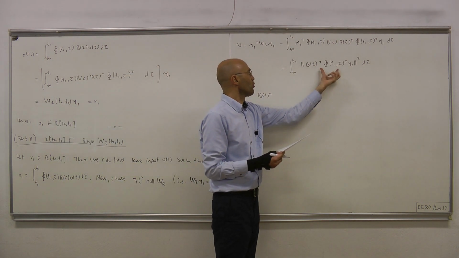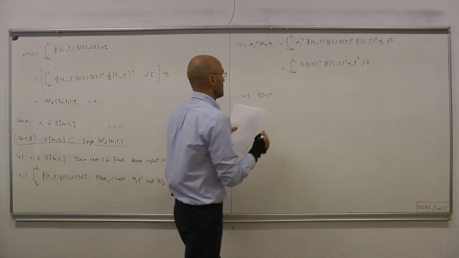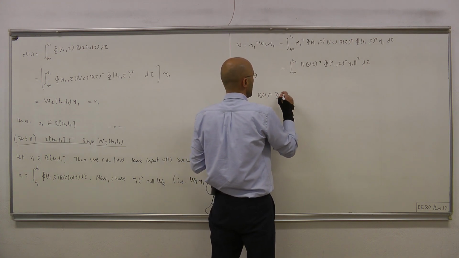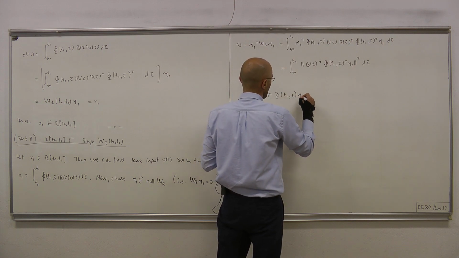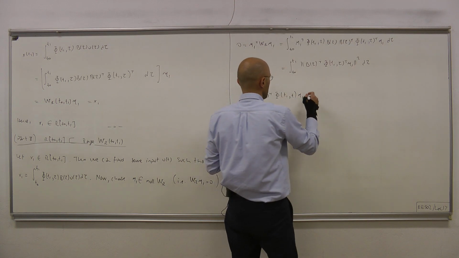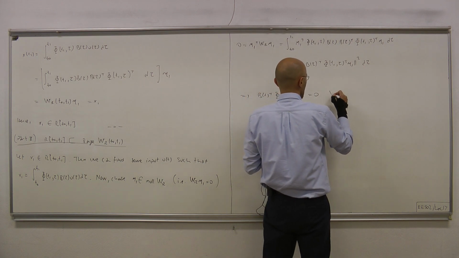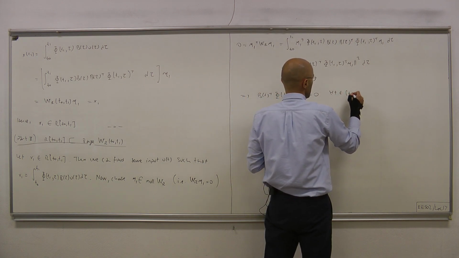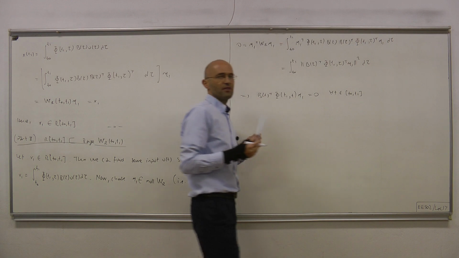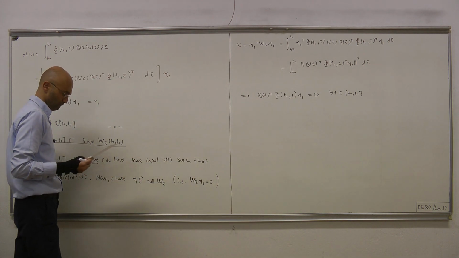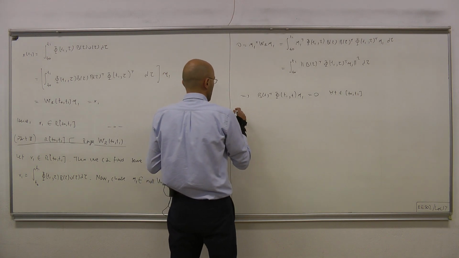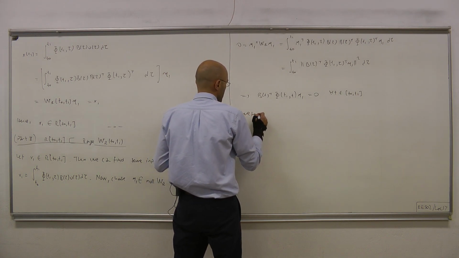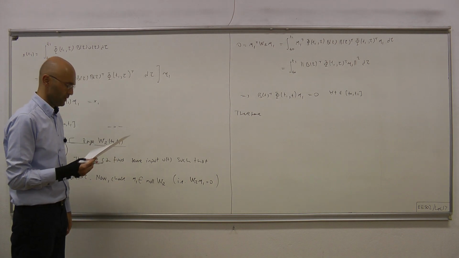So what's inside the norm, B(t) transpose phi(t1, t) transpose eta1, is identically 0 for all times in the interval from t0 to t1. Okay, here is the critical step. Therefore, we can write now the following.